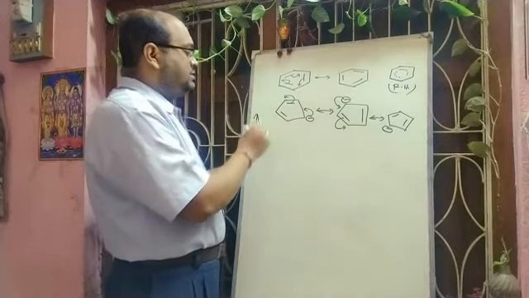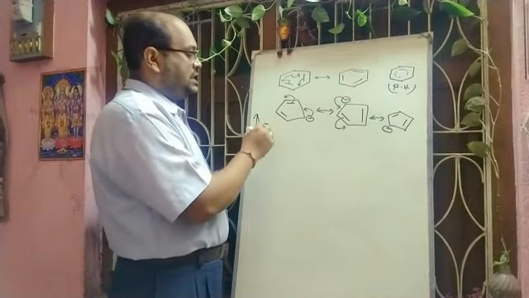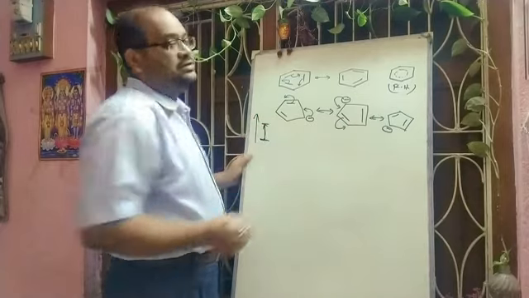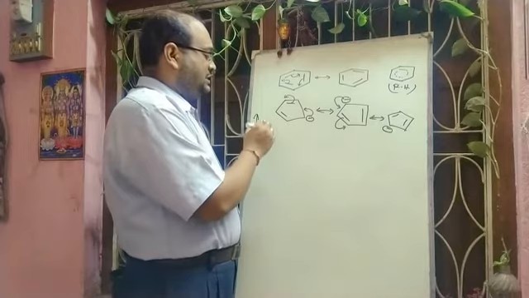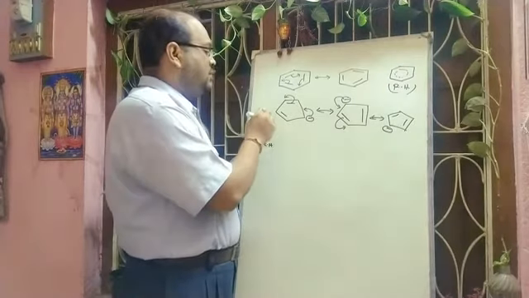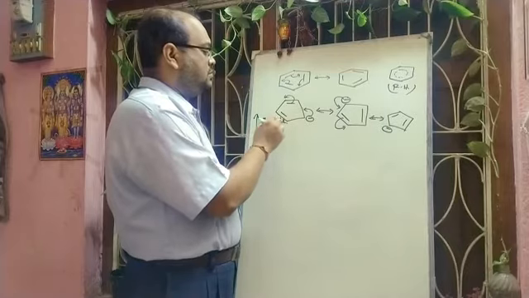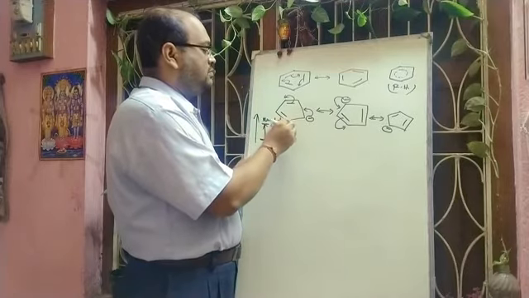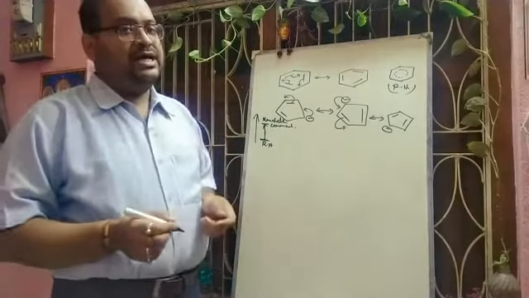Suppose this is the energy level, this is the actual structure, the resonance hybrid, and this is the most stable canonical form. Hope you can understand. So this energy difference is the resonance energy.